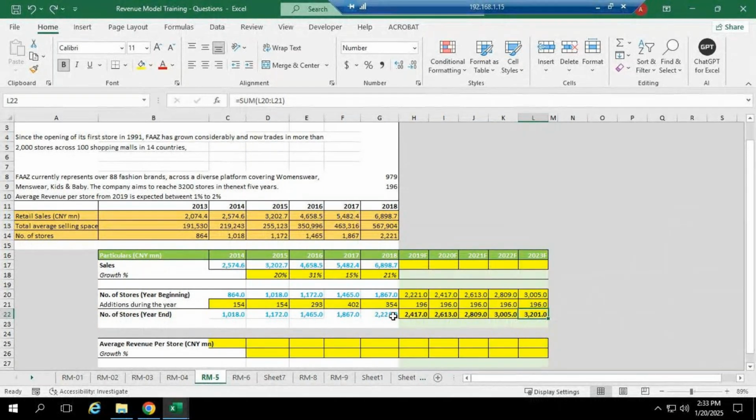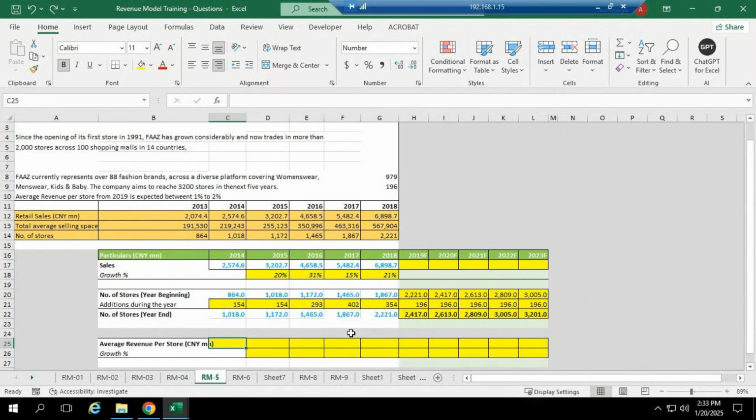So now here the average revenue per store. Average revenue per store will be the sales divided by the number of stores at the year beginning and the year end.